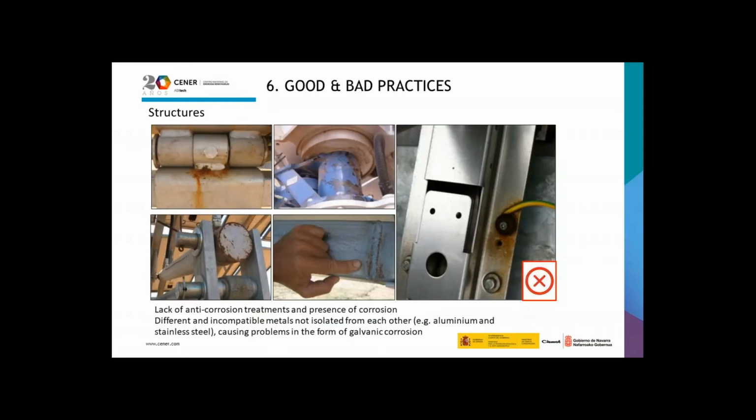Related to the structures, a lack of anti-corrosion treatments and preservation from corrosion can be a perceivable defect. Different and incompatible metals that are not isolated from each other, e.g. aluminum and stainless steel, can cause problems in the form of galvanic corrosion.